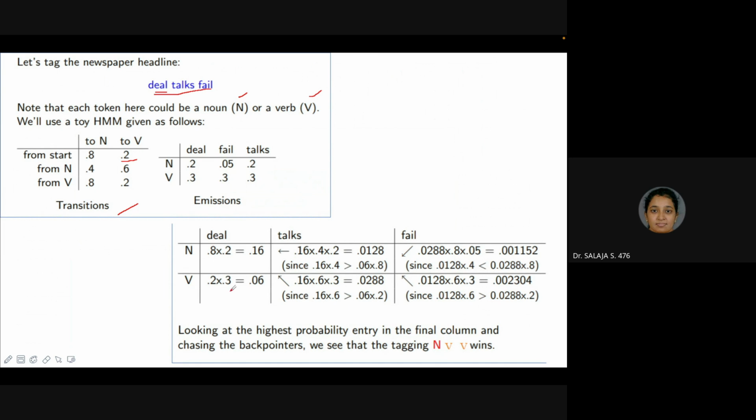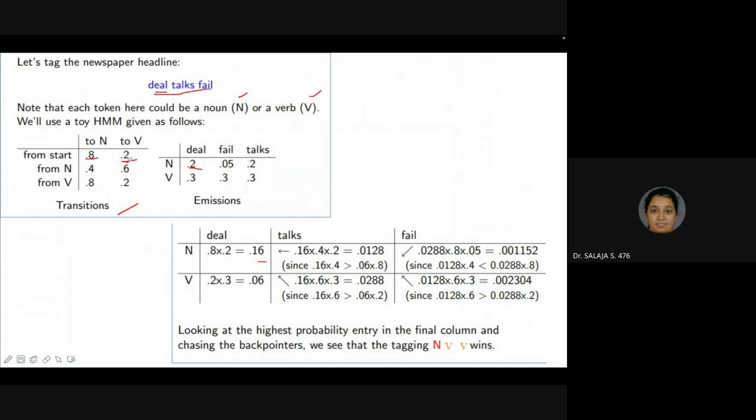Now, how do I define it? We'll talk in terms of deal. If it is a noun, it is the first word, and before that comes start. So I'll take 0.8 as the probability. Since it's a noun, the emission probability is 0.2, so multiplying gives 0.16.